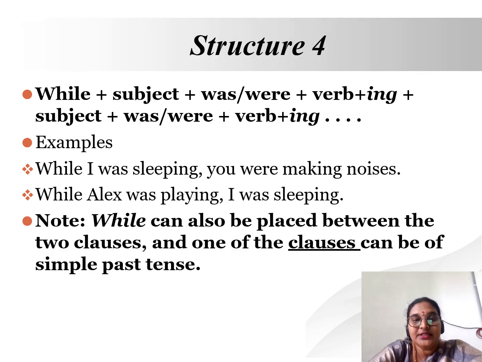And if you can see structure 4, here instead of when we have used while. While I was sleeping you were making noise. While Alex was playing I was sleeping. Here also two actions were going on, and we used while instead of when in between the two clauses.